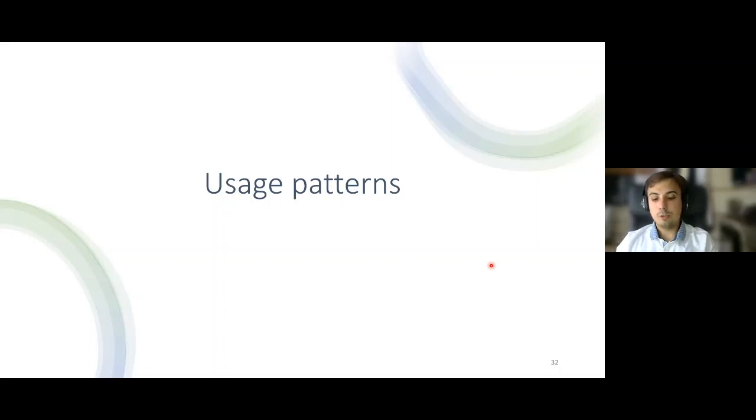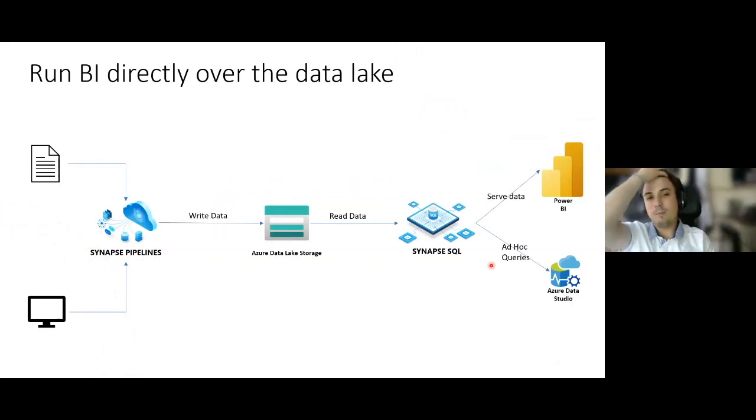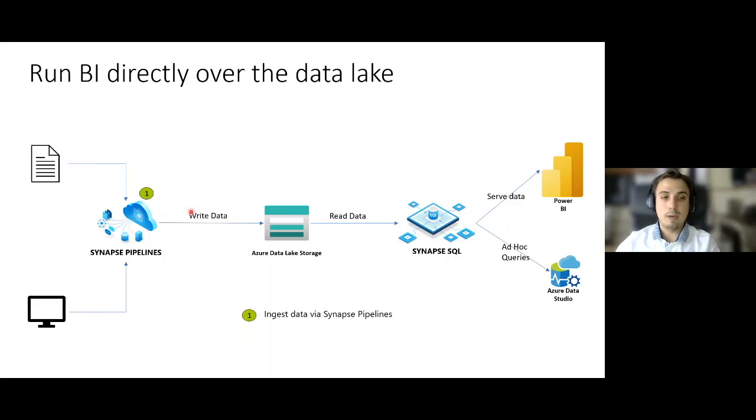The first usage pattern that is really common is running BI directly over the data lake. Right here on this graph, you can see that we have Synapse pipelines, which serve to get some files or data from some on-premise server or whatever, and write that data into our Azure Data Lake storage. So we are literally ingesting data via Synapse pipelines.